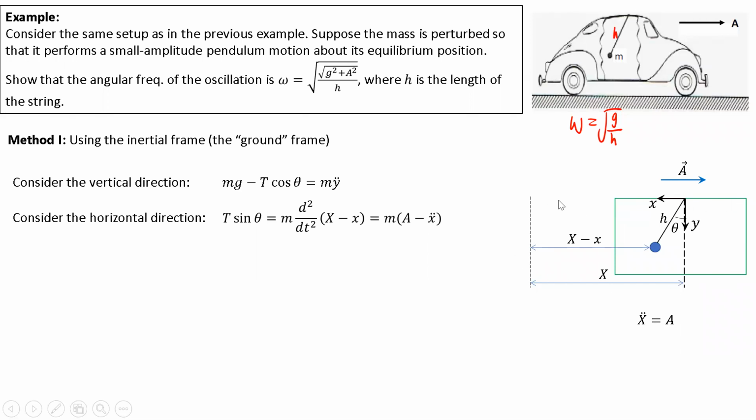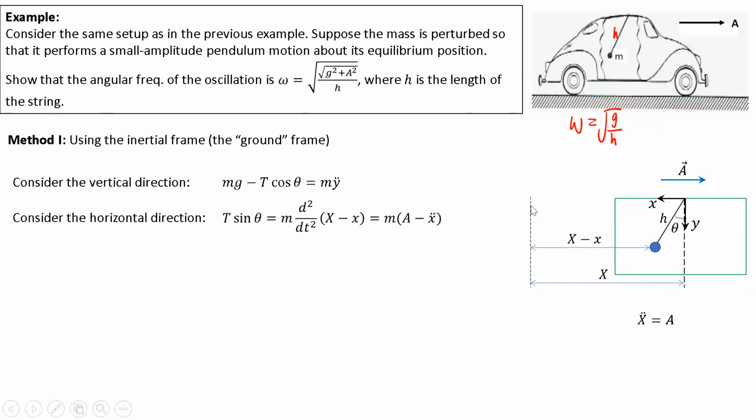You can see that I have these xy coordinates. These xy coordinates are the coordinate system that is moving with this box. This is the car, and this is the origin of that coordinate system. I also have this capital X here.